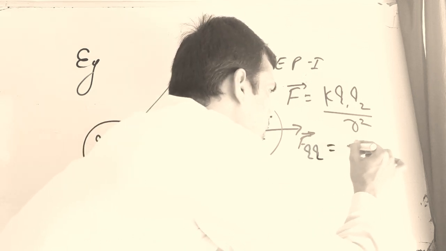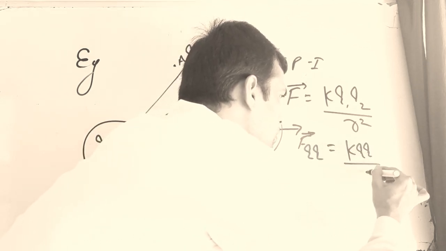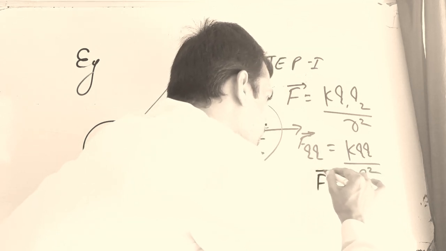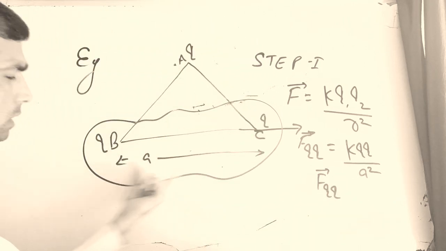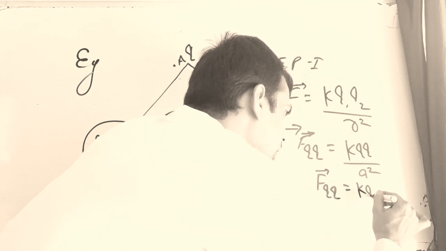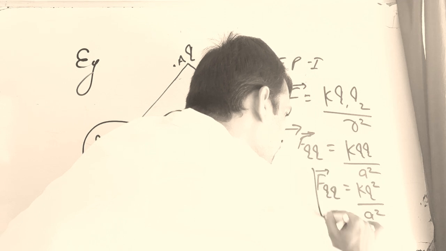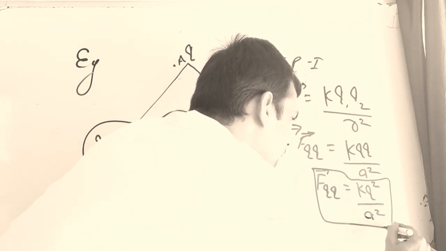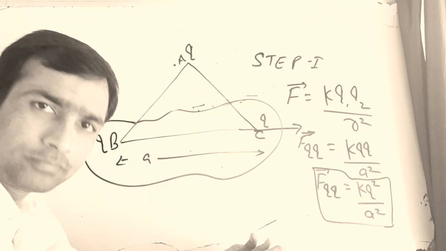So force, you can say, is K Q upon, student, A square. So you can say force on Q due to Q, this is step number 1, this pair of charges, is equal to K Q square upon A square. So this is what we have found out in step 1.